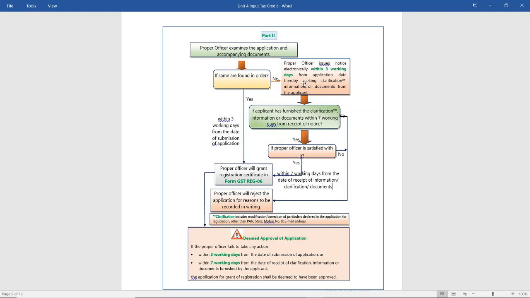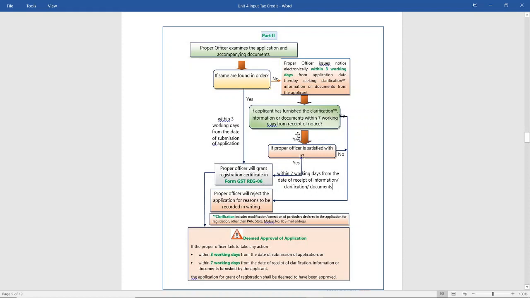Once the applicant receives that notice from the proper officer, the applicant should, within 7 days, give all the required information to the proper officer. After receiving all the clarifications, if the proper officer is satisfied, he has to issue the registration certificate in Form GST REG 06 to the applicant within 7 working days from the date of receipt of the information or clarification of the document.